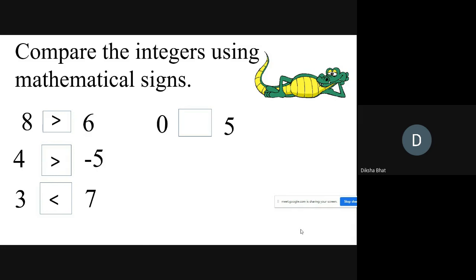Yes, correct. -9 and +9. +9 is greater than -9. -6 and 2. 2 is greater than -6. Yes, correct. Now let us represent the situations using signs.